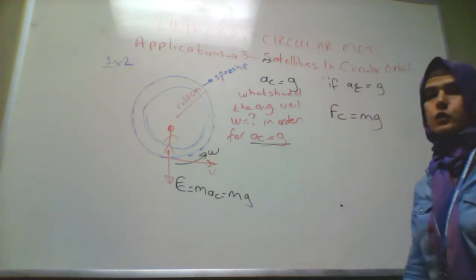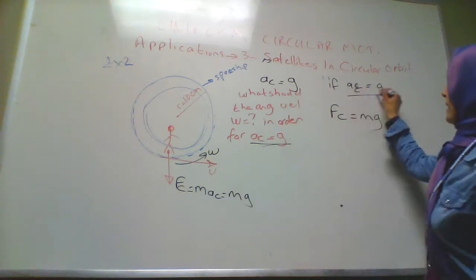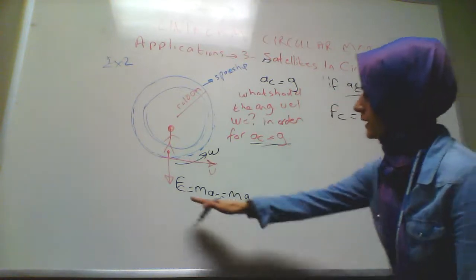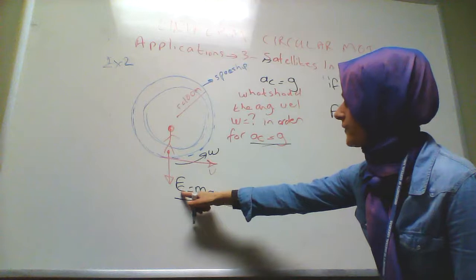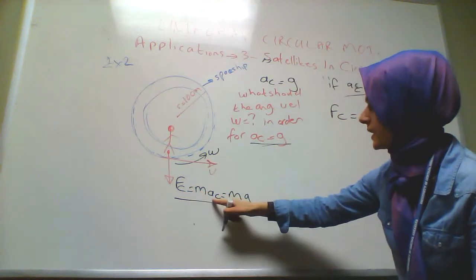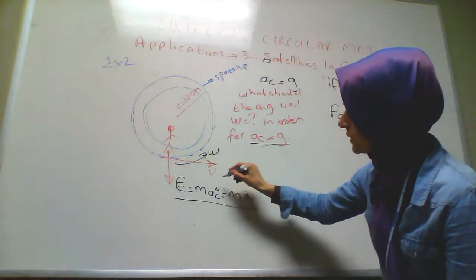Fc, centripetal force, should be equal to mg if AC is equal to g, because centripetal force is m times AC.